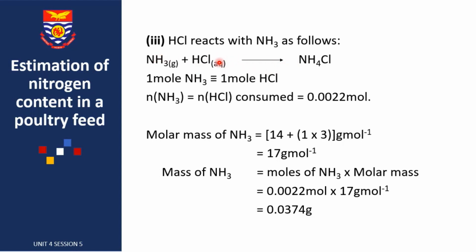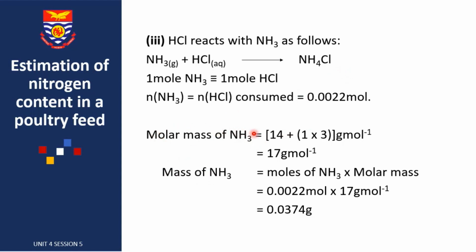If this is the relation, then it means that the moles of ammonia is equivalent to the moles of the HCl, and in this case the moles that was consumed. Since the moles of HCl is 0.0022 moles, it means the moles of ammonia is also 0.0022 because the mole ratio is 1:1.